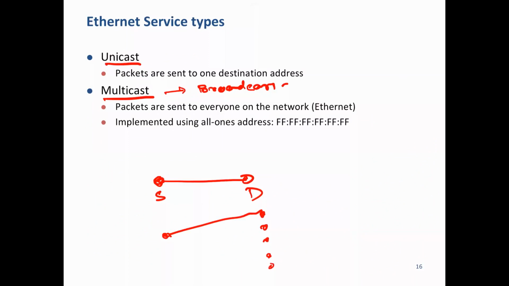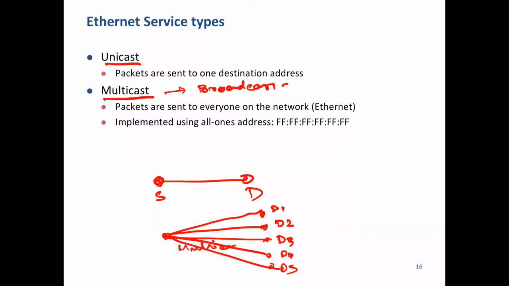So one source to some number of destinations, say D1, D2, D3, D4, D5. This is multicast. And broadcast is one source to all destinations, right? So now Ethernet supports unicast and broadcast, or we also sometimes call it multicast.